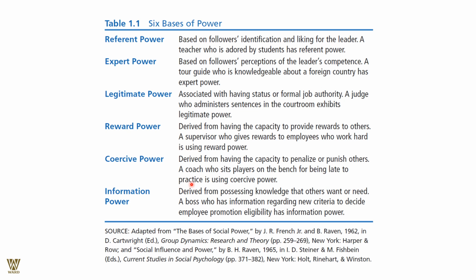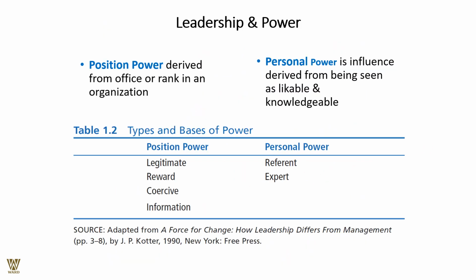A coach who sits a player on the bench for being late to practice is using nothing but coercive power. Information power, very powerful these days, is derived from possessing knowledge that others want or need. A boss who has information regarding the new criteria to decide employee promotional eligibility has informational power over others, and this is what we are going to go around.